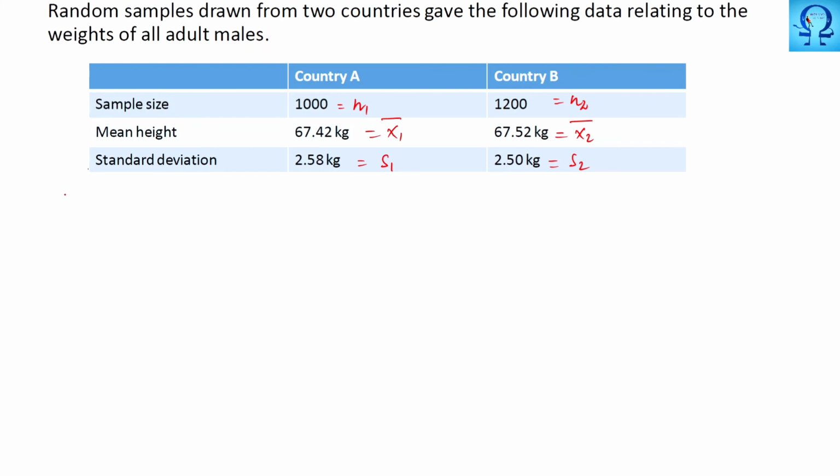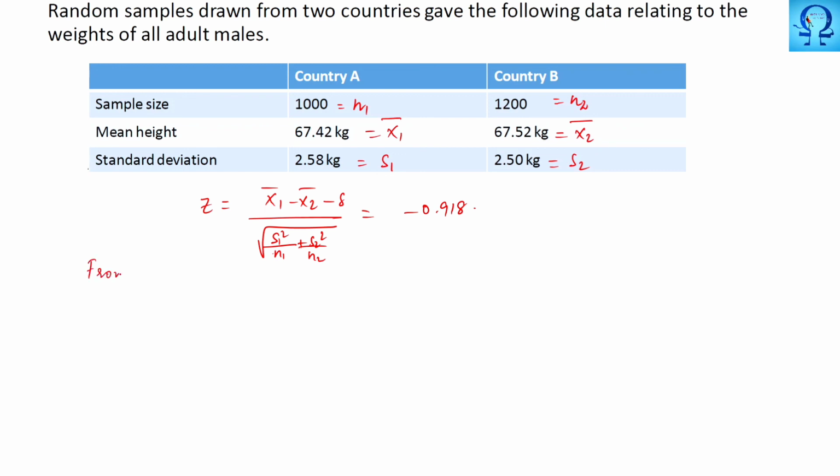Now test the significance. This may be the question. Okay, what should we do? We will have to just do the test statistic, that is x1 bar minus x2 bar divided by under root s1 square upon n1 plus s2 square upon n2, and here we have minus delta, so this is 0, of course. Okay, so when you substitute the values and calculate, you get this quantity.